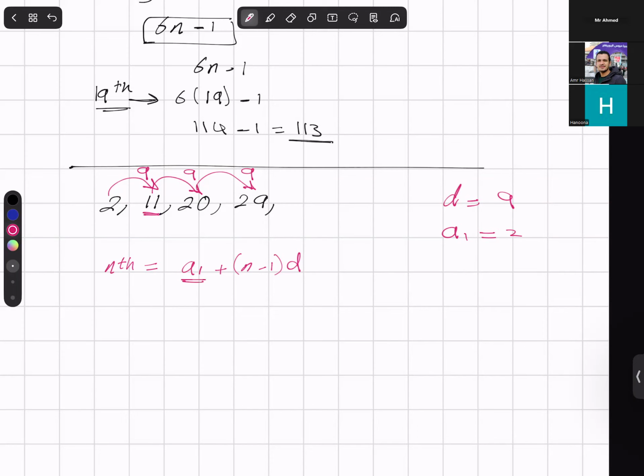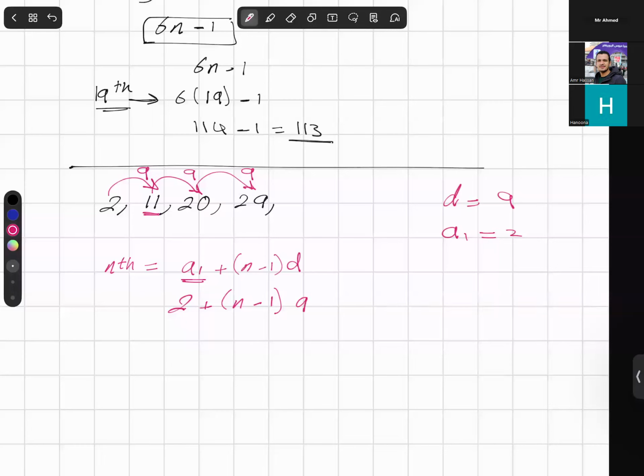What does a1 stand for? 2. Let me write 2. What is n minus 1? n minus 1, and then the difference is 9, right?